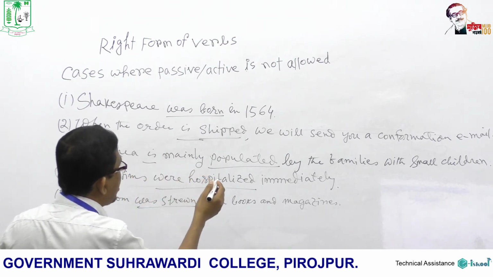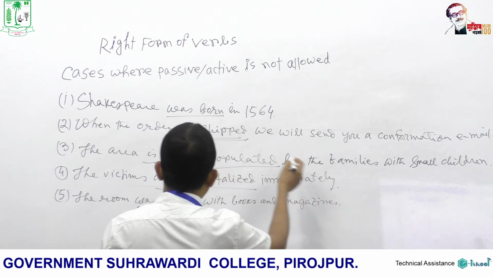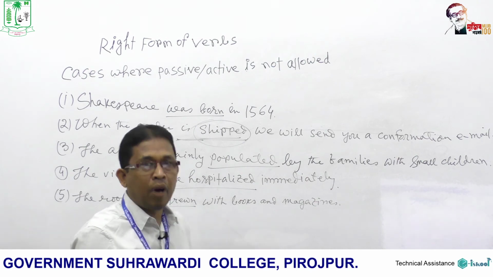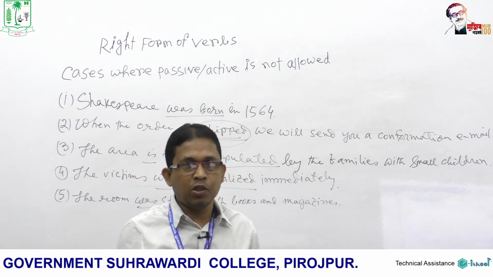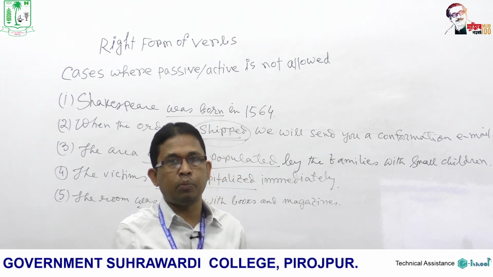When the water is shipped, we will send you a confirmation email. Is shipped. So, ship means to send. You send a parcel, and there you find the use of ship.